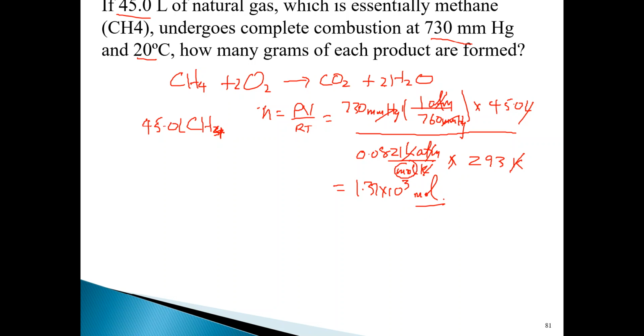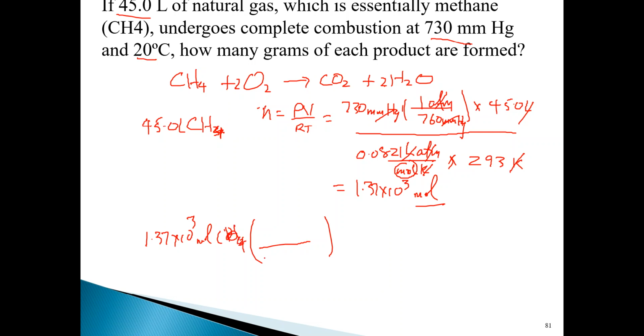But we're not finished yet because the question is asking for how many grams of each product. I'm just going to show the calculation for one of the products and you should be able to figure out the other, because there are 2 products. One is carbon dioxide and the other one is water. So in the case of the carbon dioxide, it is 1.37 times 10 to the 3 moles, and then we multiply that by the mole ratio between the carbon dioxide. Actually, this should be methane, not carbon dioxide. So CH4 here.